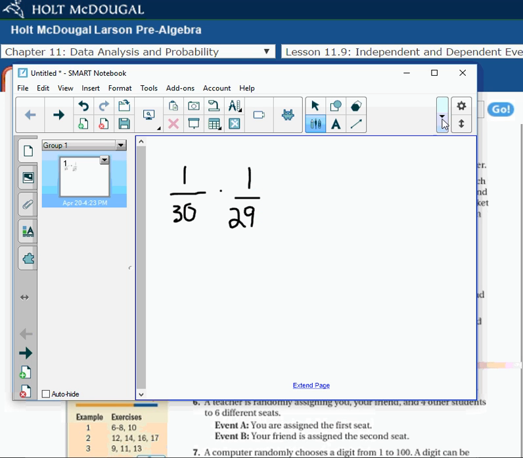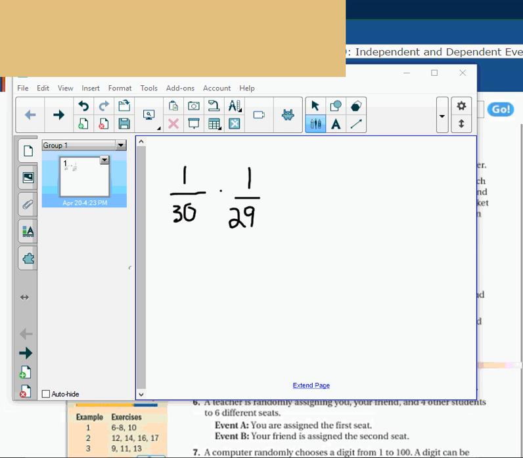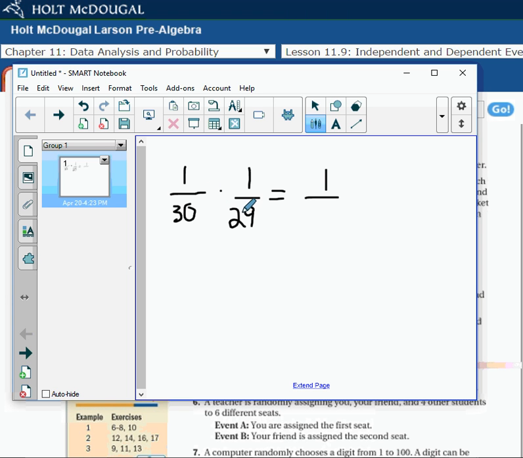If we multiply that together, that would get me my answer, which in this case, 1 times 1 is 1. 30 times 29 is 870. So the probability that you win the grand prize and your friend wins the runner-up prize is 1 out of 870. Not very good odds, in my opinion.